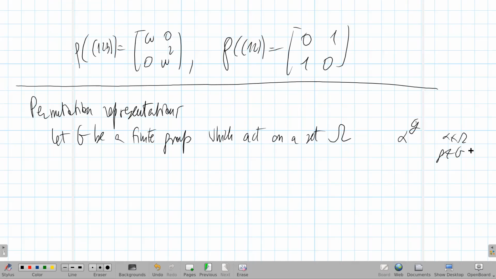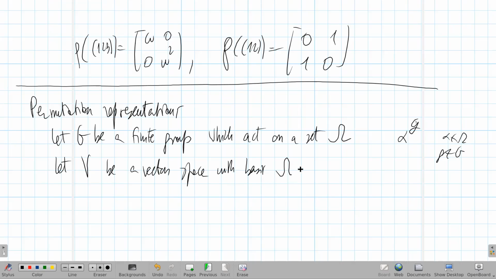Then we obtain from this a linear representation, in the following way. Let V be a vector space with basis the elements of omega.